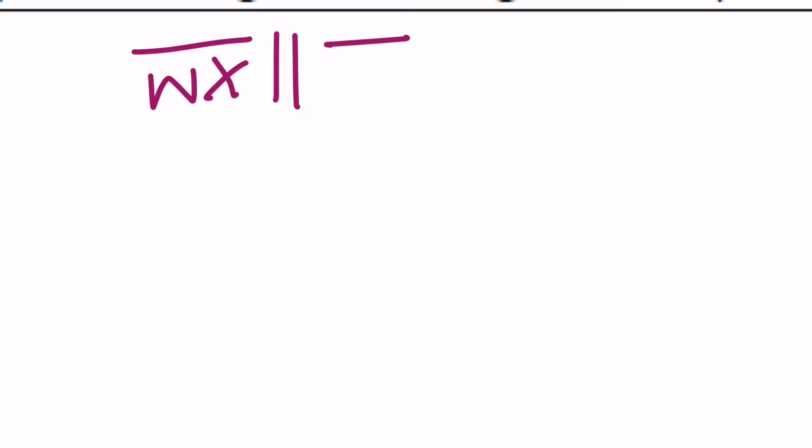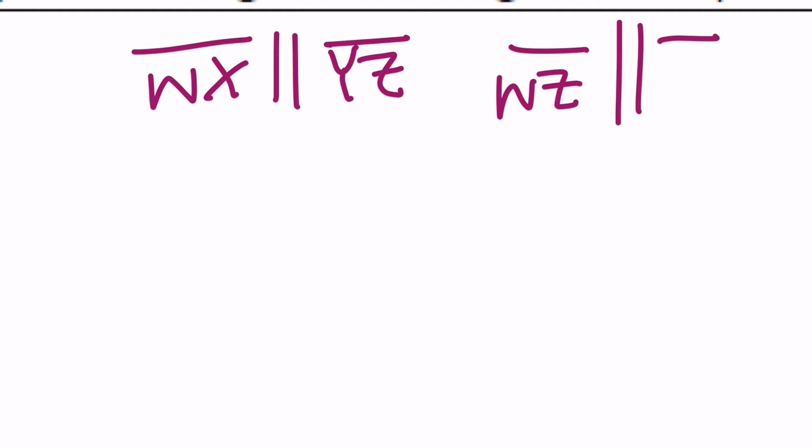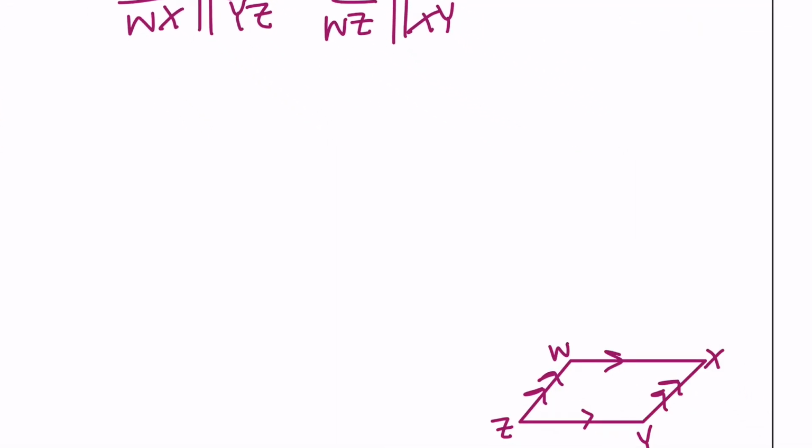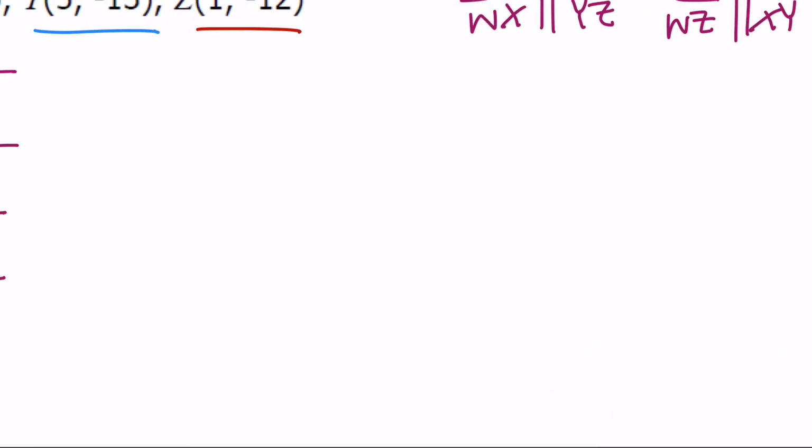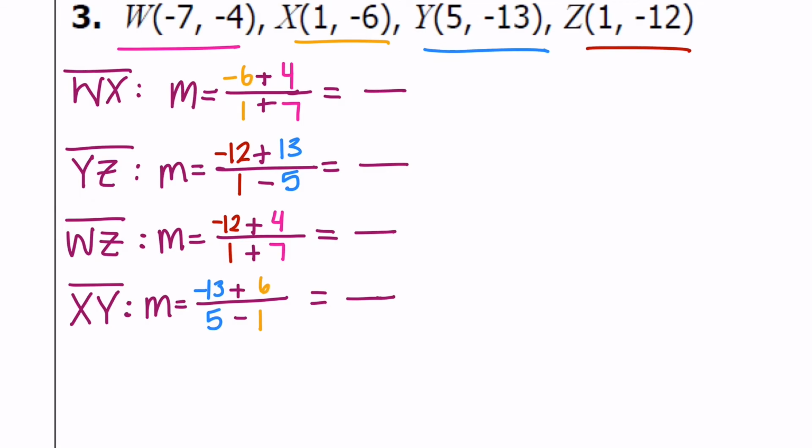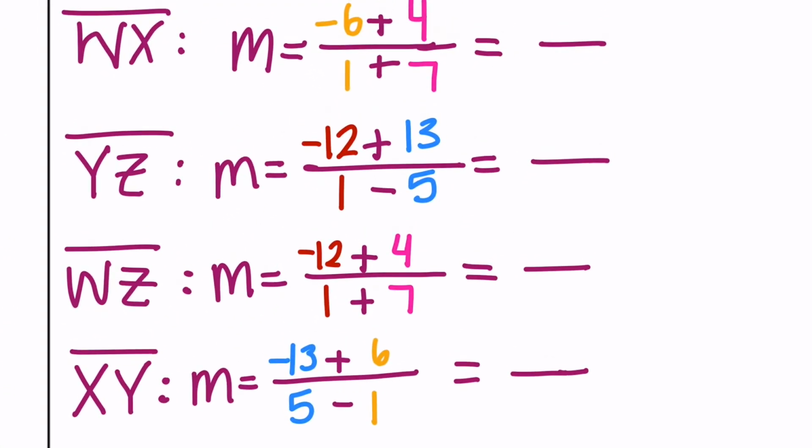So I'm trying to prove that WX is, it's not congruent, is parallel to YZ and WZ is parallel to XY. Okay, so I need to find the slopes of all 4 of those lines. So I went ahead and set up my slope formula over here.